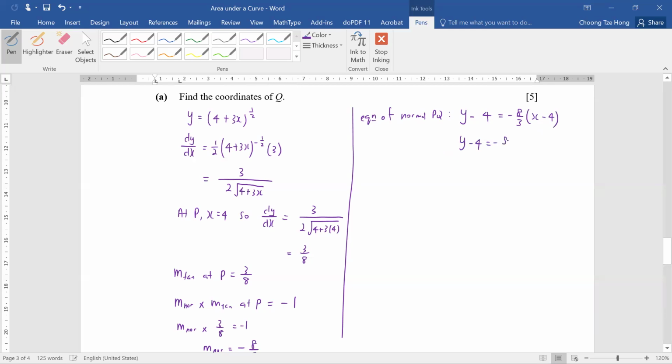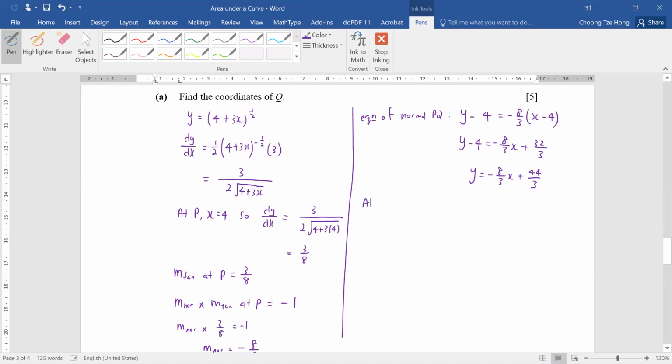Open the bracket first: minus 30, and minus and minus become plus 32 over 3. Then we bring the 4 over. 32 over 3 plus another 4, which is 12 over 3, so that will give us 44 over 3. So this is the equation of the normal PQ.